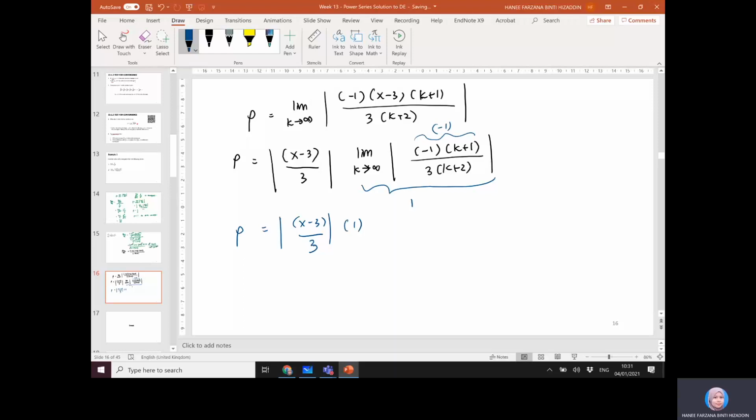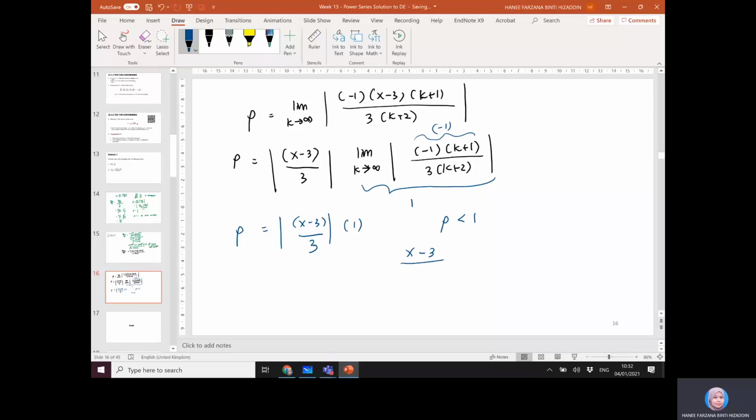Then we want to find out the radius of convergence. We know that the series converges when rho is less than 1. So we want to find out what would be the convergence radius.